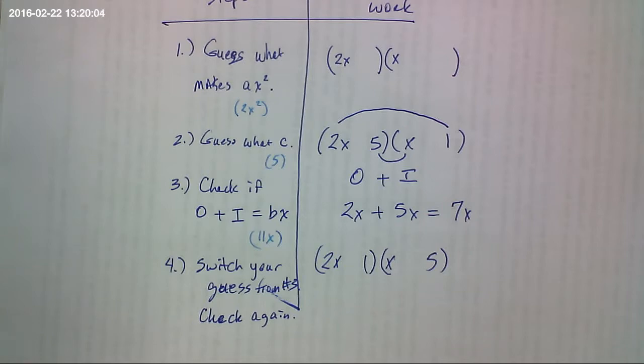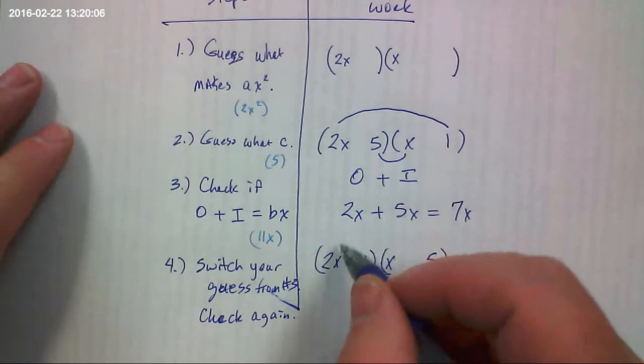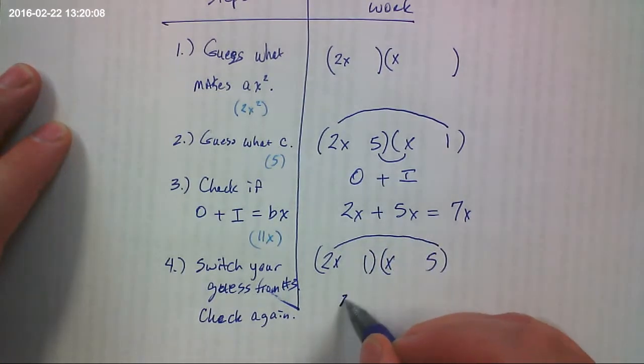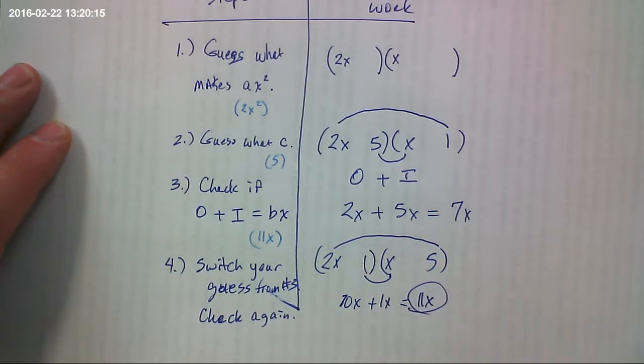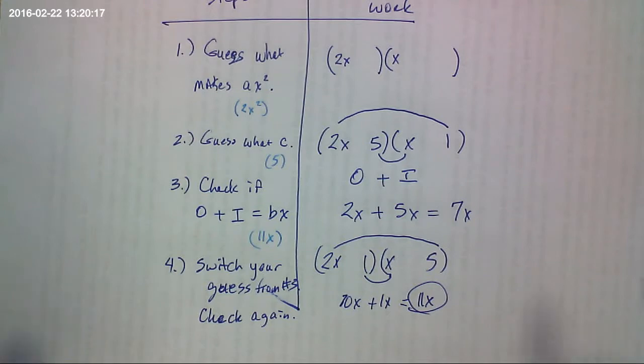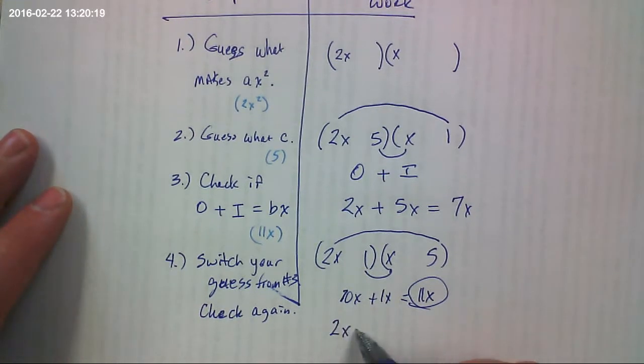Now look at the outside. It's 10x, and the inside is 1x, and that is 11x, and that's what we need. So my answer is 2x plus 1, x plus 5.